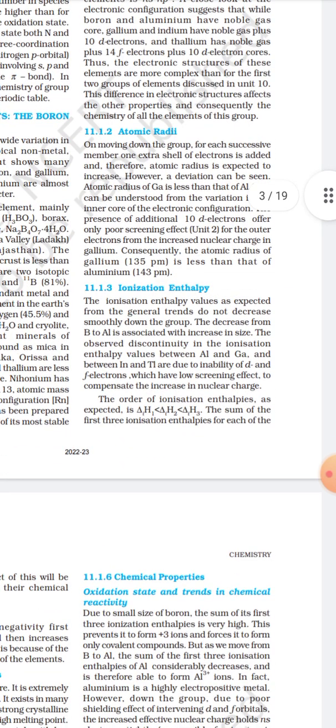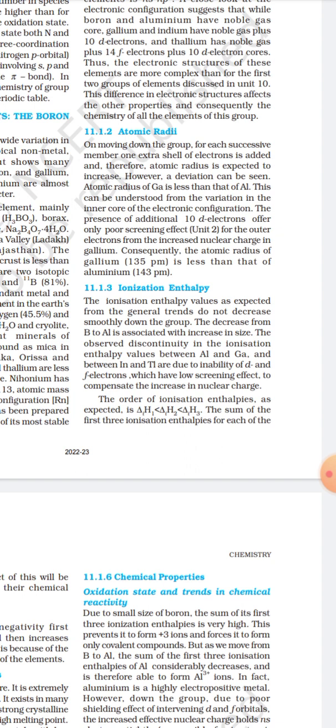Next property is ionization enthalpy. The ionization enthalpy values, as expected from the general trends, do not decrease smoothly down the group. The decrease from boron to aluminium is associated with increase in size. The observed discontinuity in the ionization enthalpy values between aluminium and gallium, and between indium and thallium, is due to the poor screening effect of d and f electrons, which cannot compensate for the increase in nuclear charge.